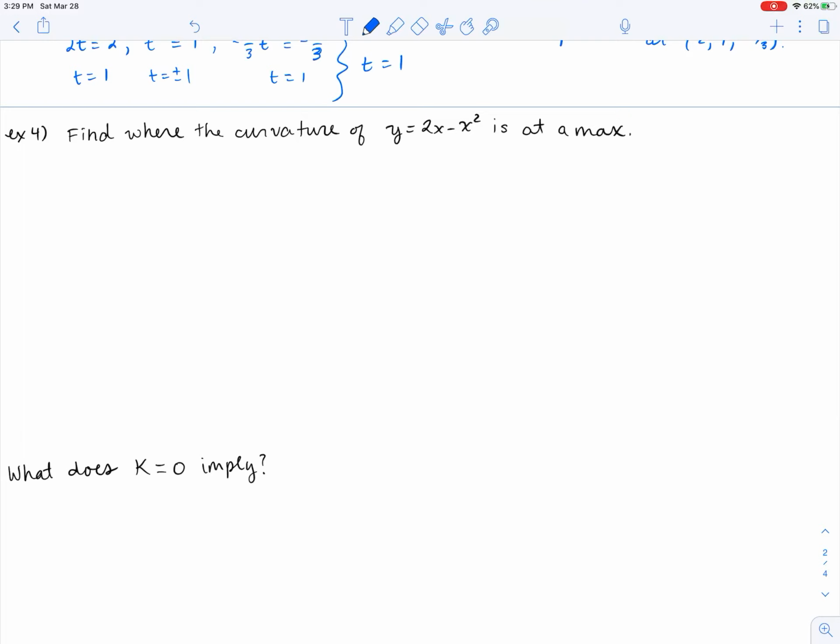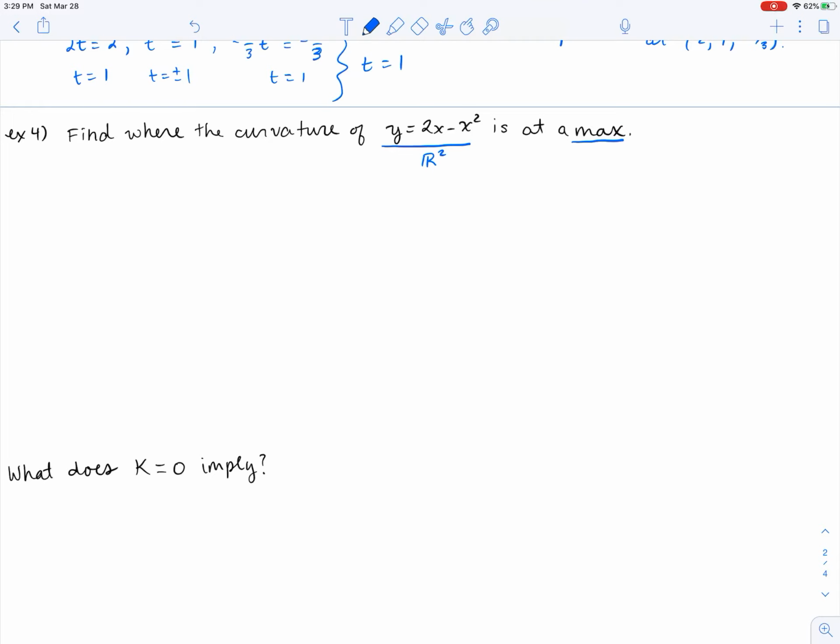The next example, we want to find where the curvature of this two-dimensional function is at a max. So notice this is R2, and at a max means this is an optimization problem.